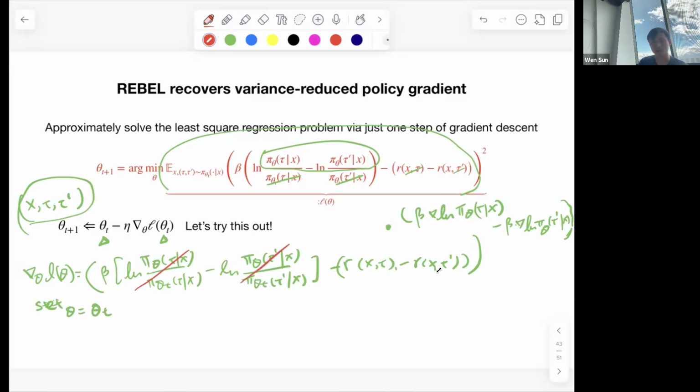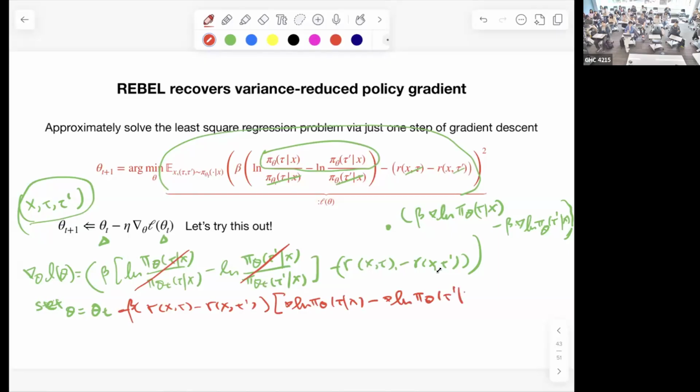And this guy goes away too. So what I'm left with is negative r x tau minus r x tau prime, multiplied by beta, which I'm going to pull out here, times gradient log pi theta t tau given x minus gradient log pi theta t tau prime given x.